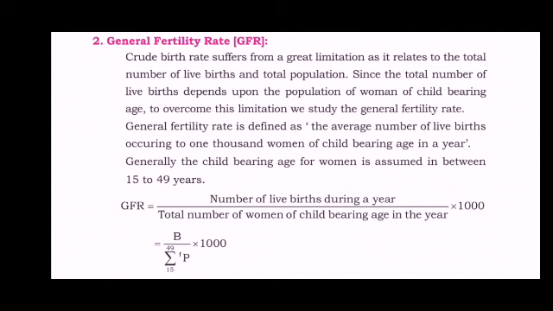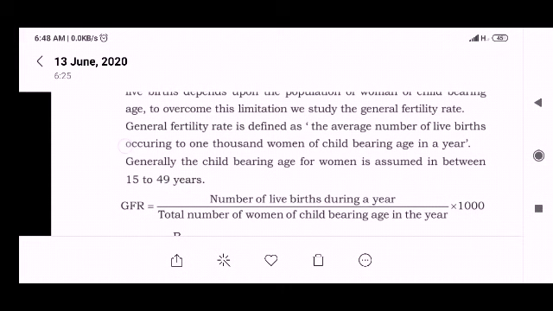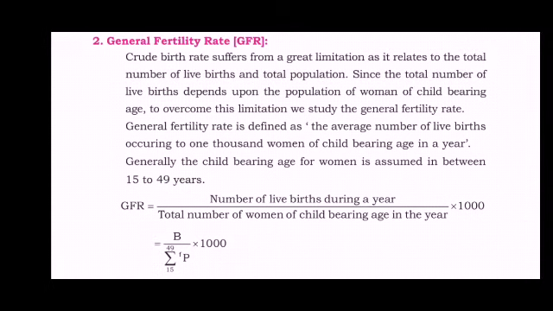So here, as the formula and the definition both give, we take all the live births. Again, I remind you that we don't consider stillbirths here, only live births. So total number of live births during the year divided by total number of women of childbearing age in the year. That is, women of the age group between 15 to 49 years are counted and taken here.